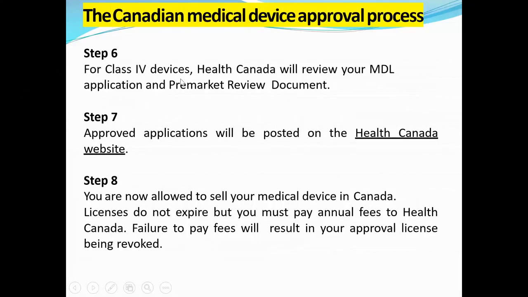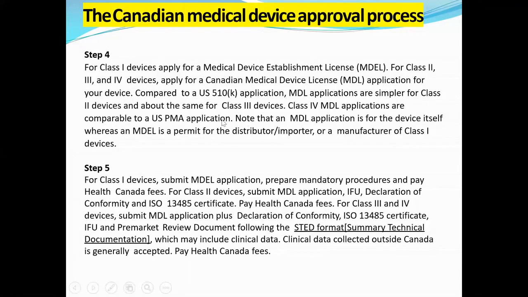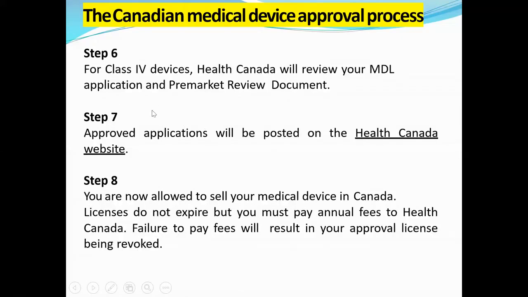Then for a class 4 device, Health Canada will review your MDL application and premarket review document. Class 4 is exactly the premarket application; class 4 MDL applications are comparable to the US PMA application. So more or less, Canada follows US FDA type procedures for class 3 and class 4, that is 510(k) and PMA.